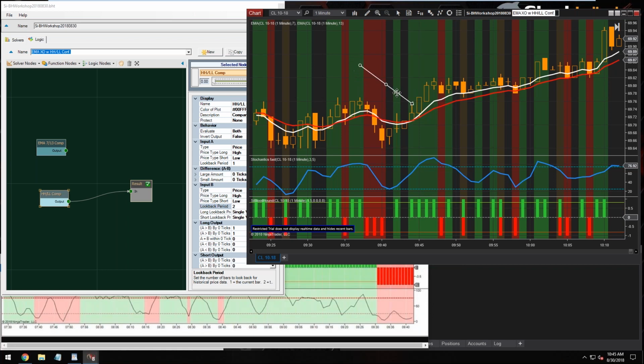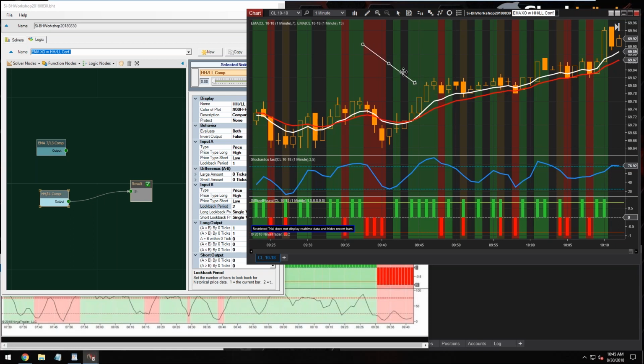Yeah, so we can see whenever the current bar's high is higher than the previous bar's high, we're getting a long output. And if the low becomes lower than the previous bar's low, we'll get a short output there.